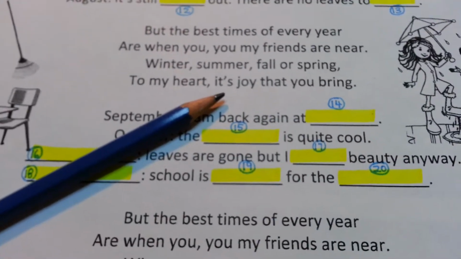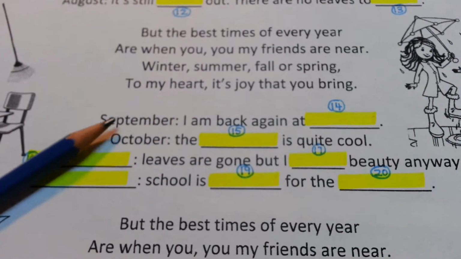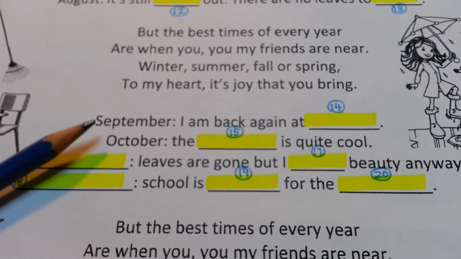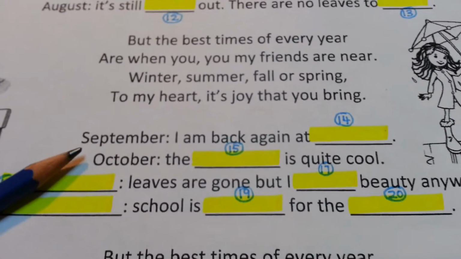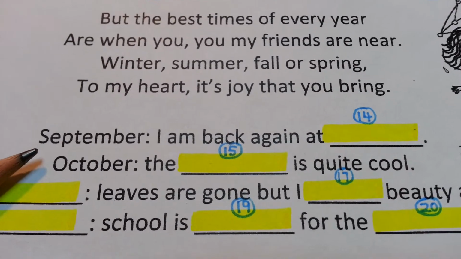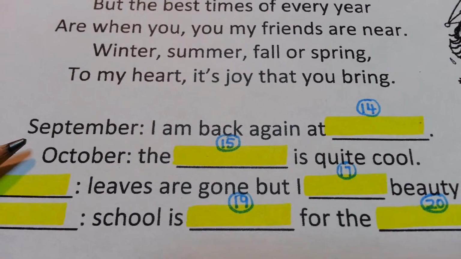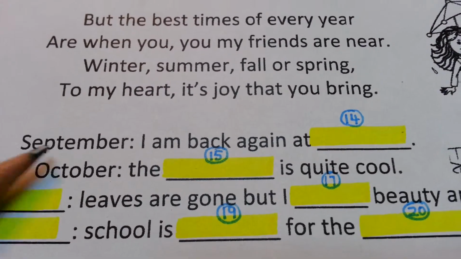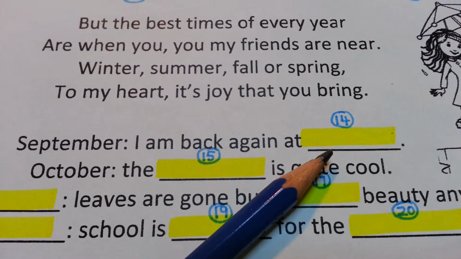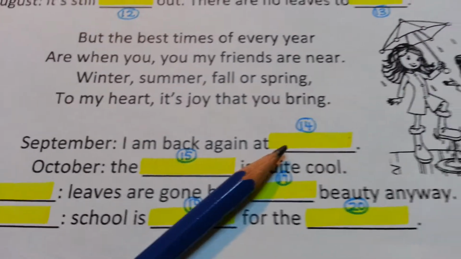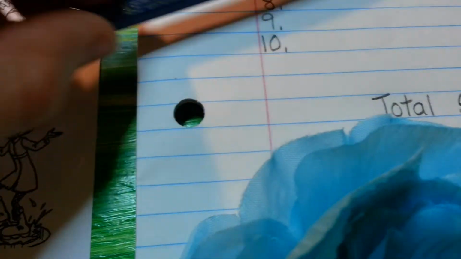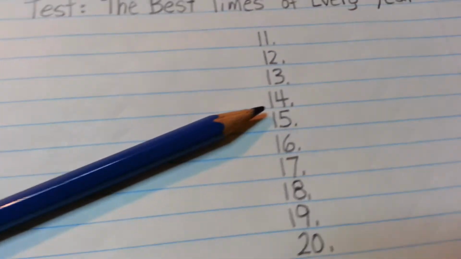Now we continue and we're on to the last 4 lines here. And in September, what happens in Canada in September? In September, I am back again at number 14. Number 14.